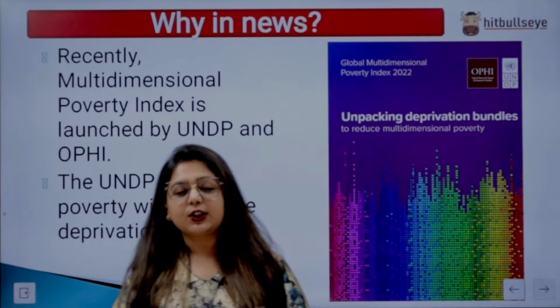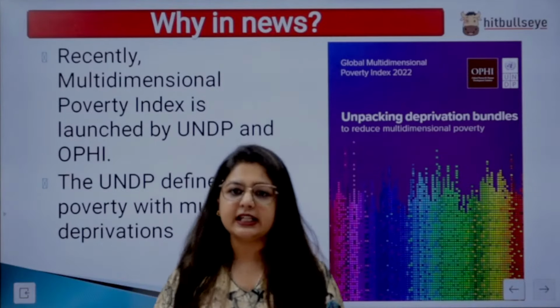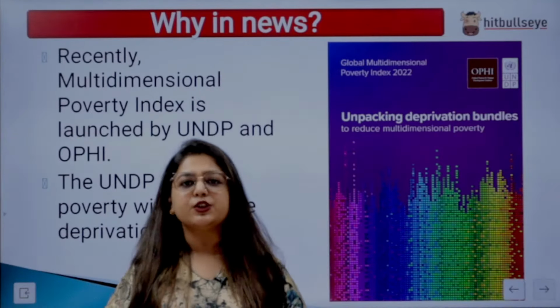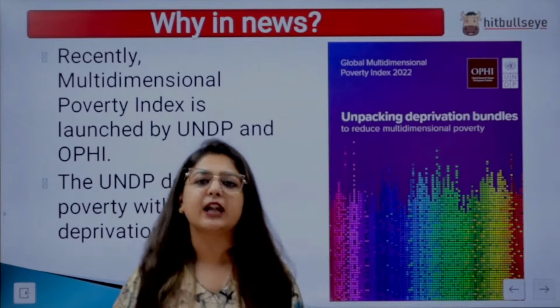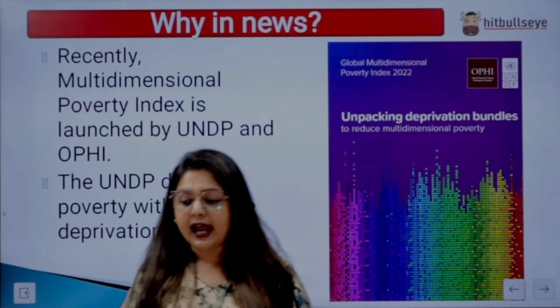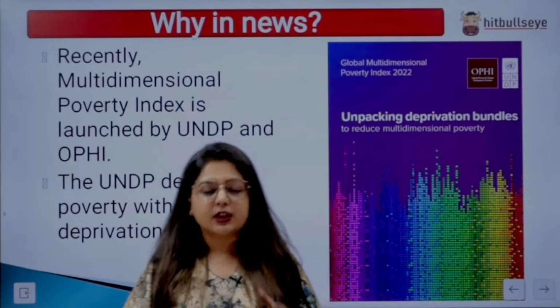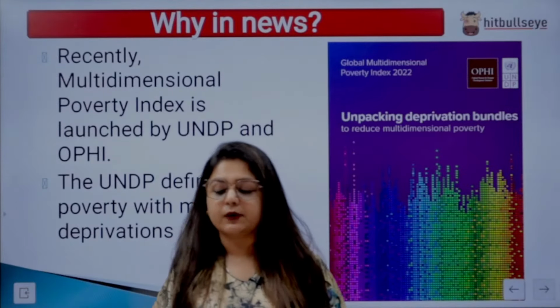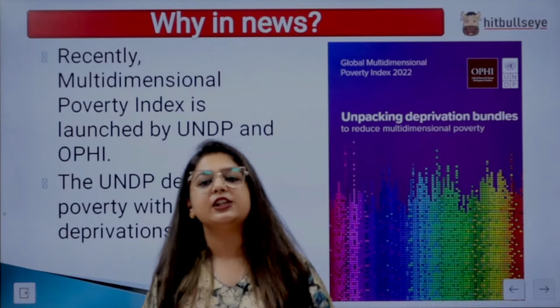So recently, the Global Multidimensional Poverty Index was launched by the United Nations Development Program, which is a specialized agency of the United Nations, and the OPHI, which stands for Oxford Poverty and Human Development Initiative.